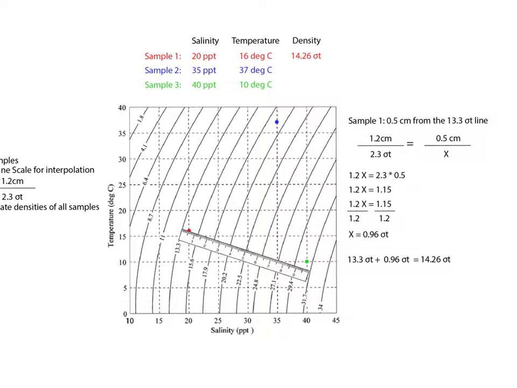Through cross multiplication we find that x is equal to 0.96 sigma t. That tells us we're 0.96 sigma t away from 13.3. So we can add those together, and our density for sample 1 is 14.26 sigma t. We'll do the exact same thing for sample 2 and sample 3 on the next 2 slides.